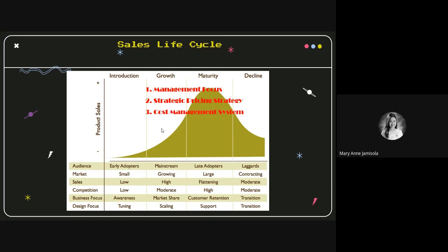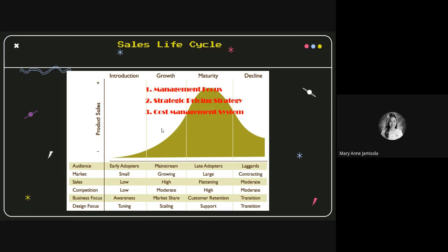Then, lastly, as to the cost management system. Together with a change in strategy and pricing, there is also a change in the cost management system. At the introduction phase and into the growth phase, the primary need is for value chain analysis to guide the design of products in a cost efficient manner. Master budgets also are used in these early phases to manage cash flows.